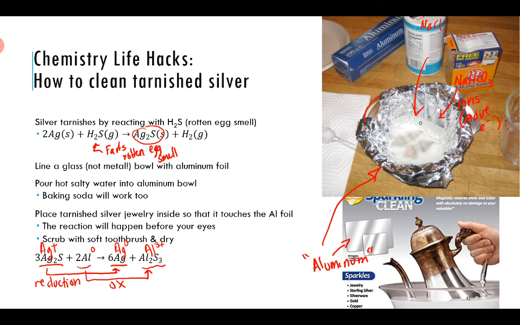And so as soon as you have your salty water, you should use boiling water. That works a lot better. And then you put in your silver object, and as soon as your silver object touches the aluminum foil, then it becomes much cleaner. You might want to scrub it with a soft toothbrush while it's under there to make sure that you're loosening all that debris, and it will come off very easily.